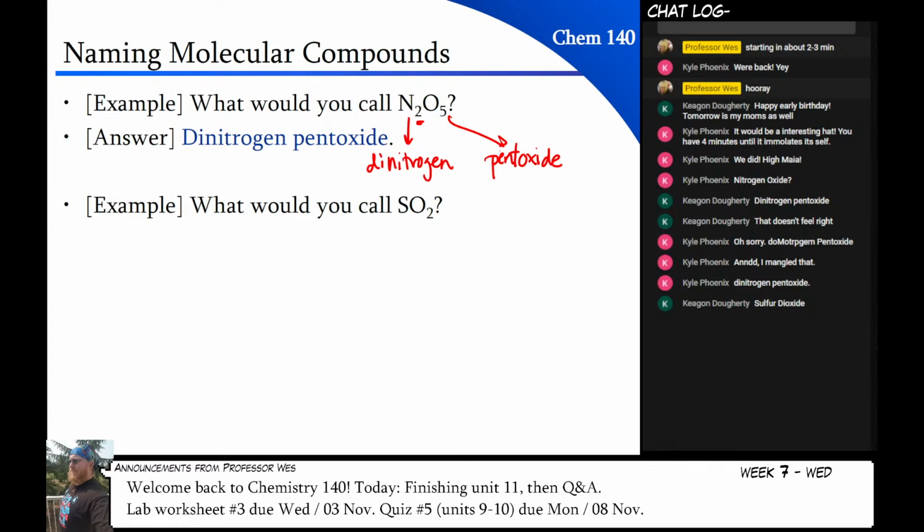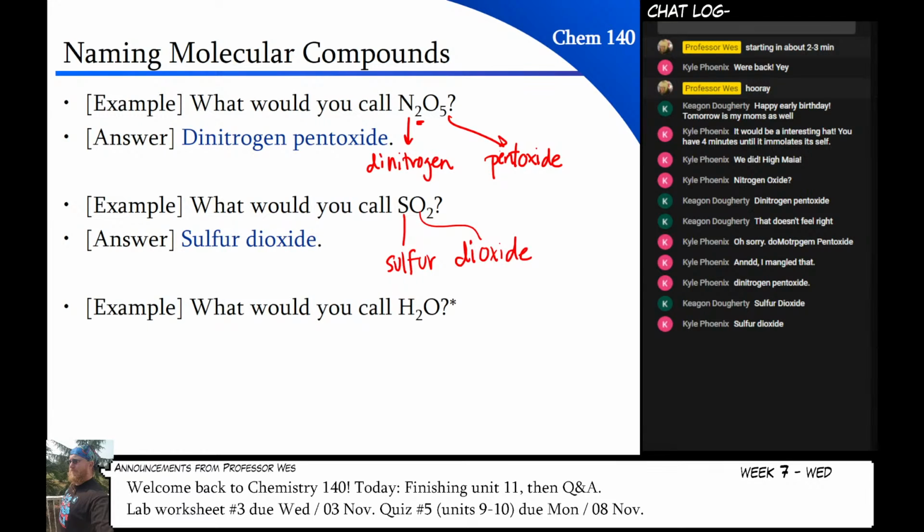There you go, very good. So, this one's sulfur. This one's oxygen, which again we'll do oxide. And there's two of them, so I do that. We don't write mono for the first thing.